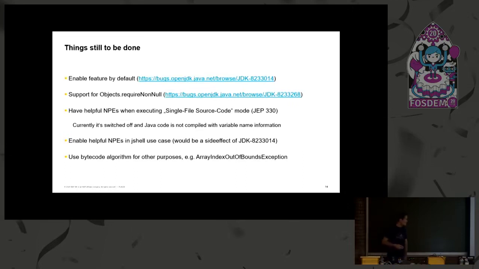Then there's something, Objects.requireNonNull. You might have heard about that one. This is maybe also a means of tackling such null pointer exceptions. Before you call into another method, you can wrap it with a call to Objects.requireNonNull. Then at that place, before we actually enter the method, we check for the null.